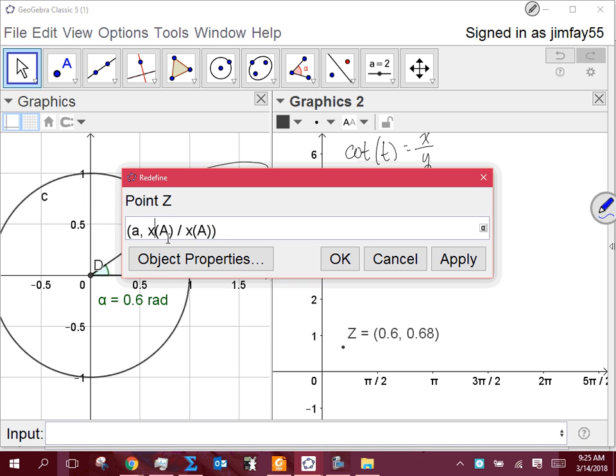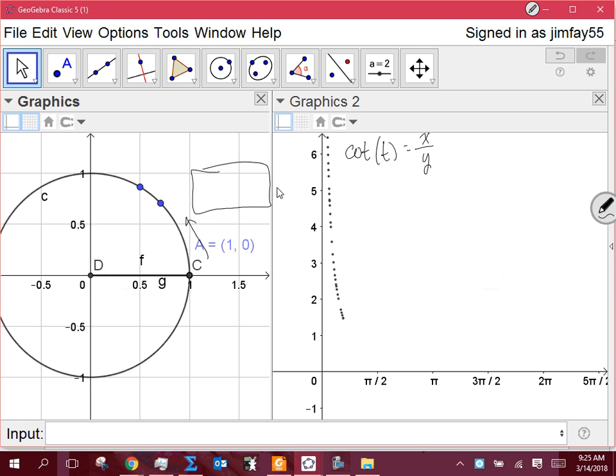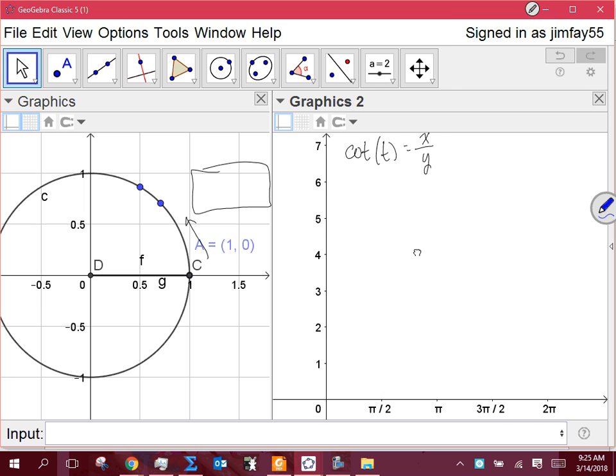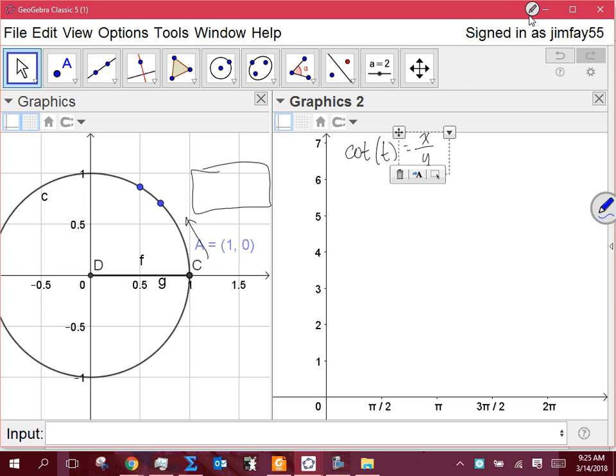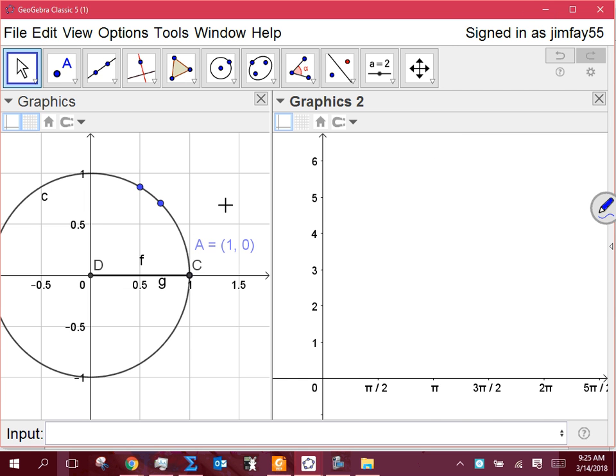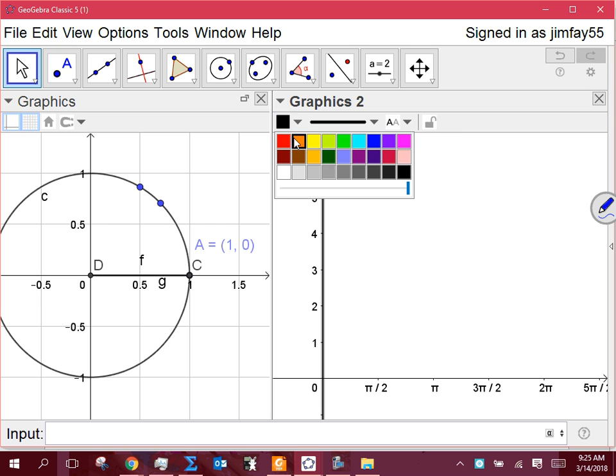We have x divided by y. Okay, so I'll start here at 0. Okay, so if I did x divided by y for cotangent, what is 1 divided by 0? Undefined. So here we have an asymptote at 0.